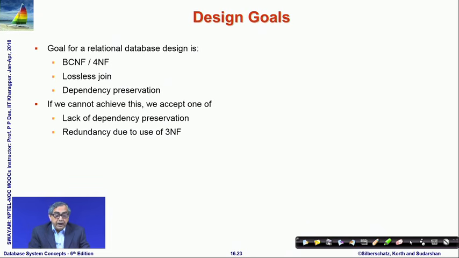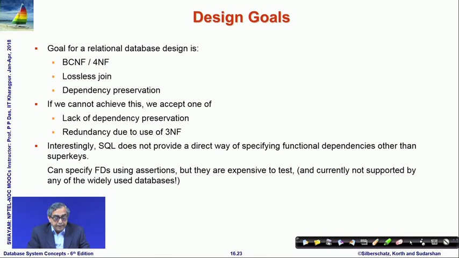So, the ideal would be a decomposition in BCNF and 4NF, lossless join and dependency preservation, which may not be achievable. If I cannot achieve that, then I have to sacrifice either dependency preservation, so dependencies will have to be checked using natural join, or I will allow a little bit of redundancy and use the third normal form where I have the guarantee.